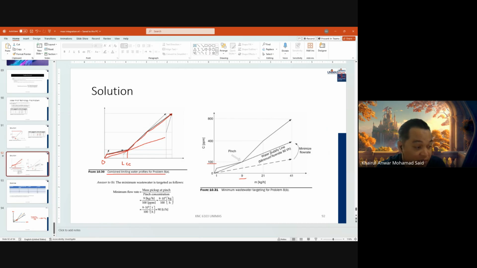That is how much you can save if you reduce the freshwater use in this plant.